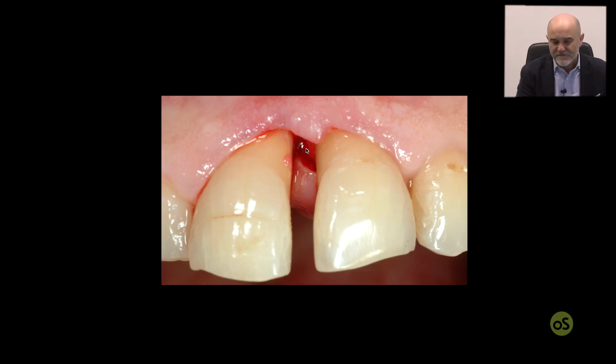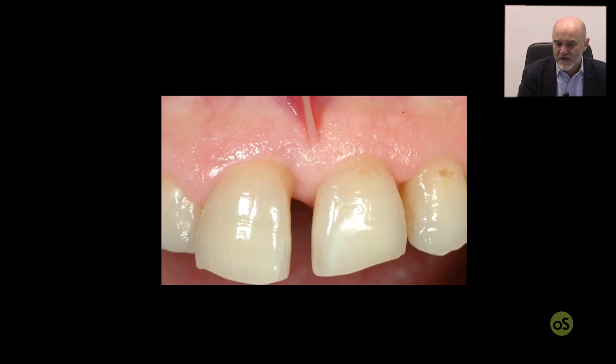But you can see from this picture that I want to share with you another time what happens even if you open one papilla. Look, this papilla at the beginning was almost at the same level or more coronal than the level of the papilla of the adjacent teeth, yes?